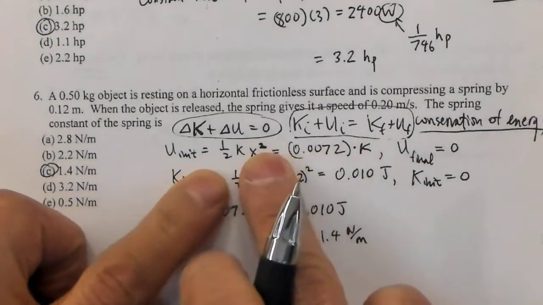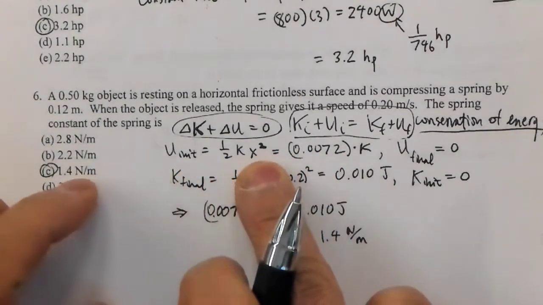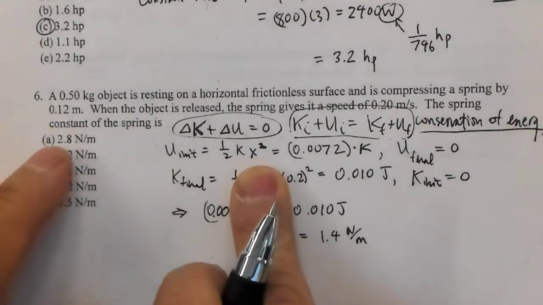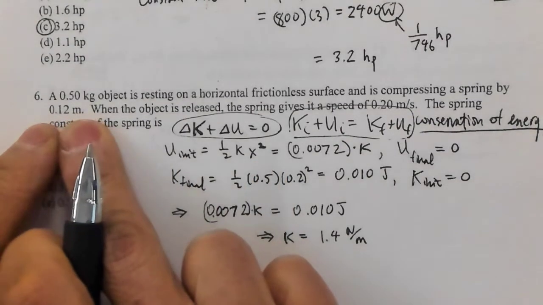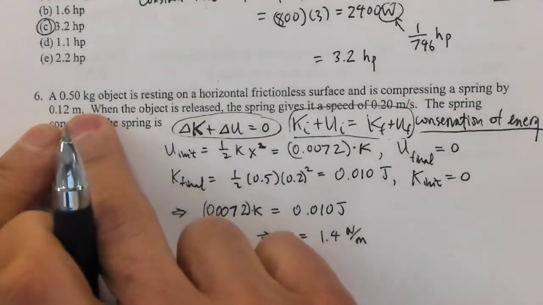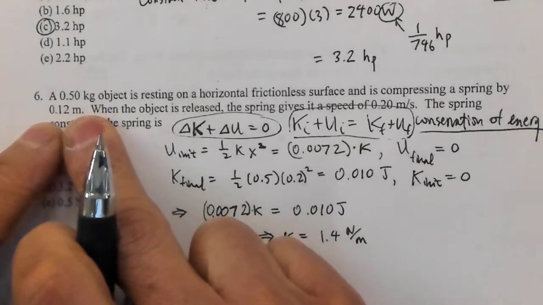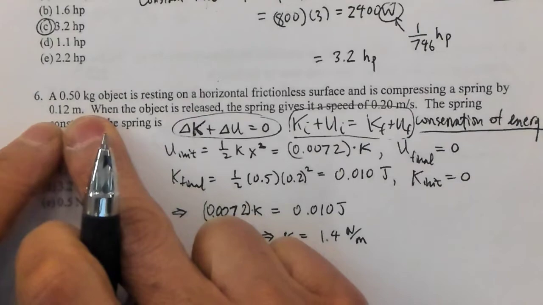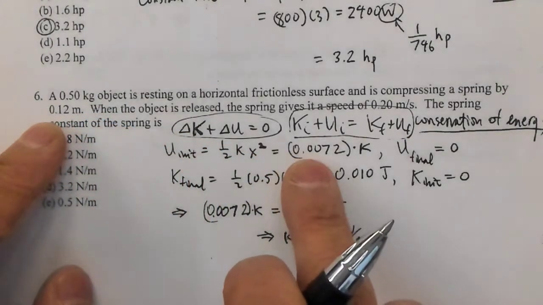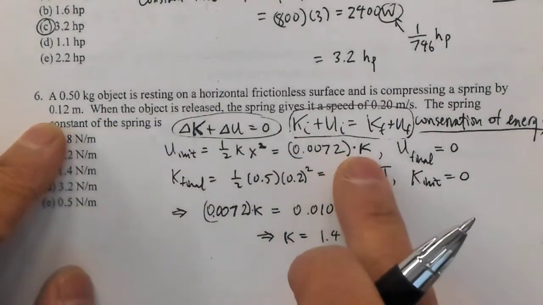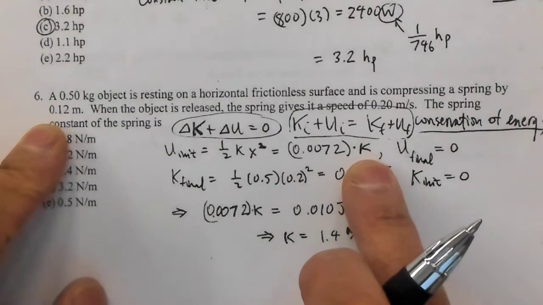They don't give you k, but they give you x, which is 0.12 meters. So I square that, and that comes out to 0.0144. Then you divide by 2, and you get 0.0072 times k, which you don't know yet.